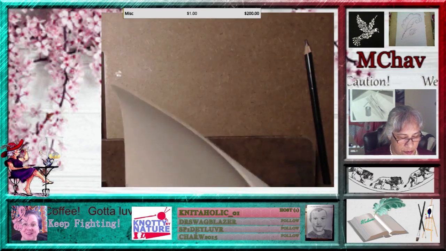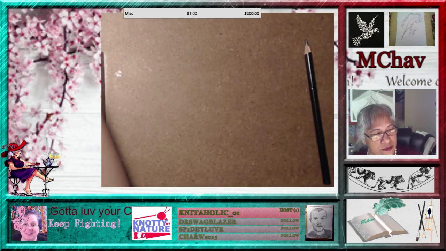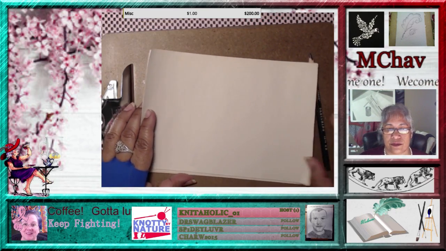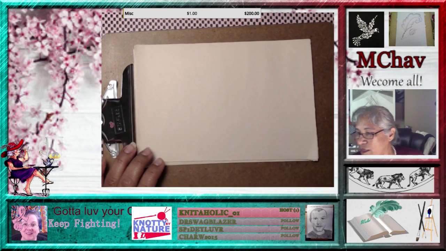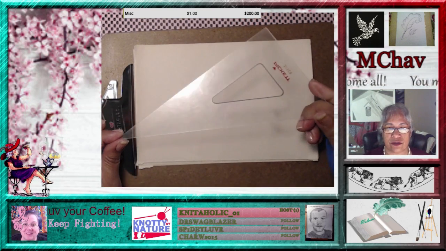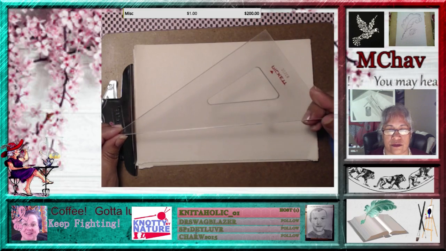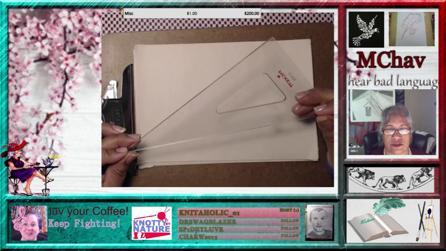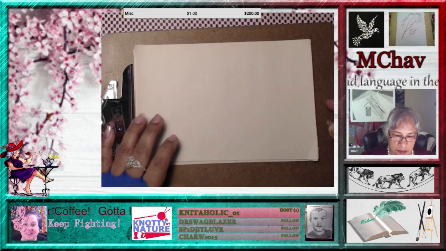Let me get my larger paper here. Okay. Let's bring this back out. Okay, and this one, I'm not going to use a ruler, but I'm going to use this thing. I don't recall what it's called, but drafters use it.